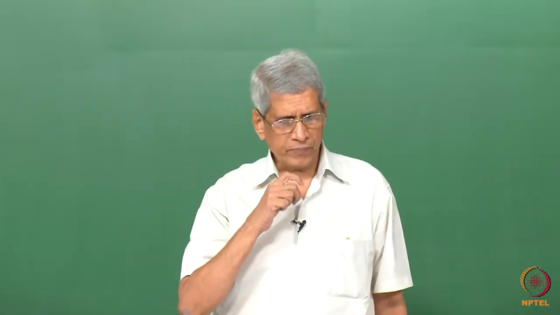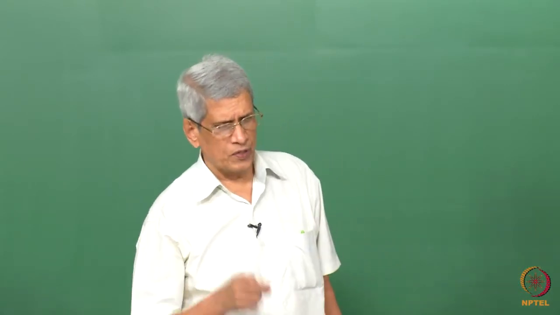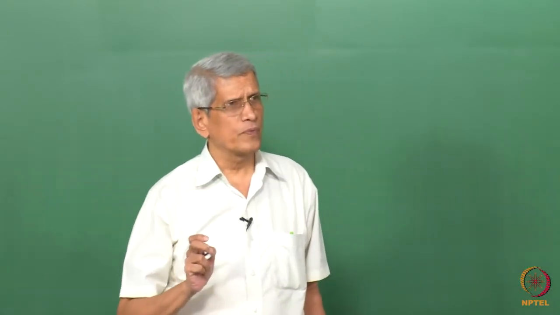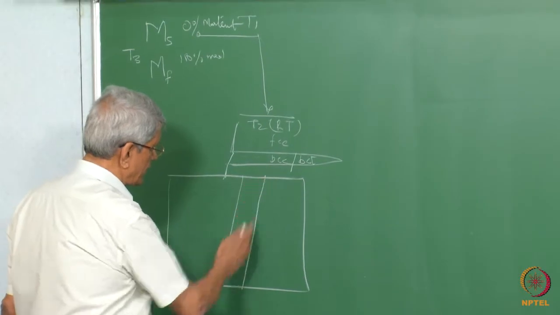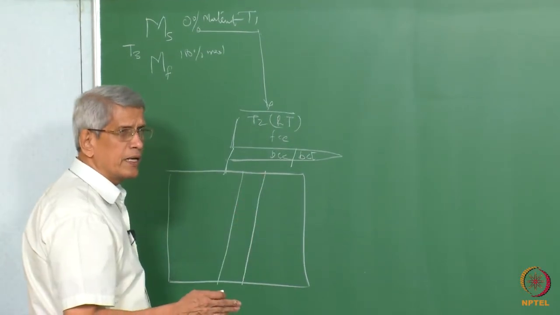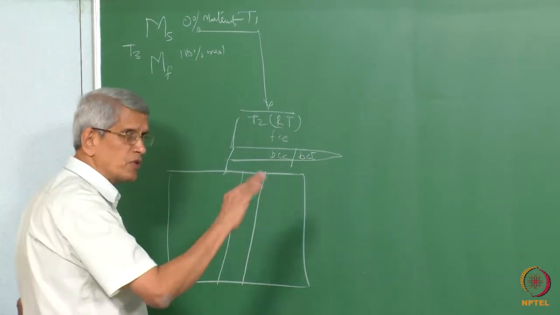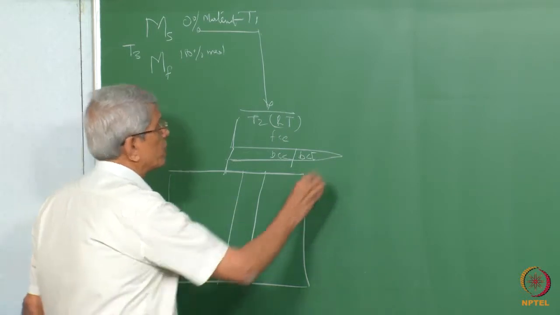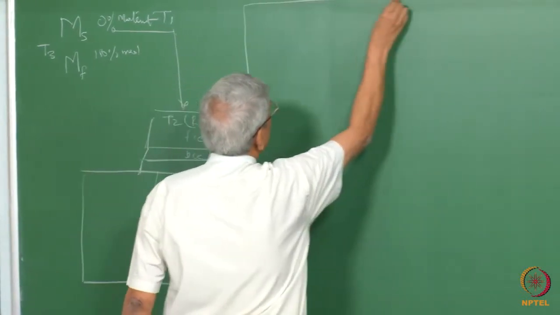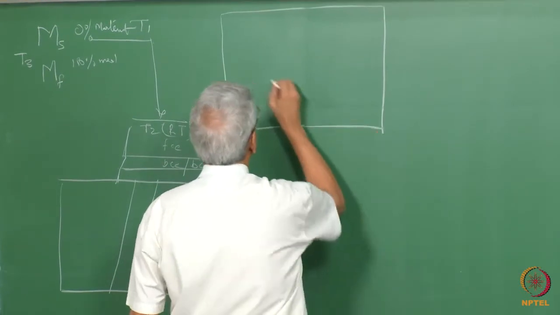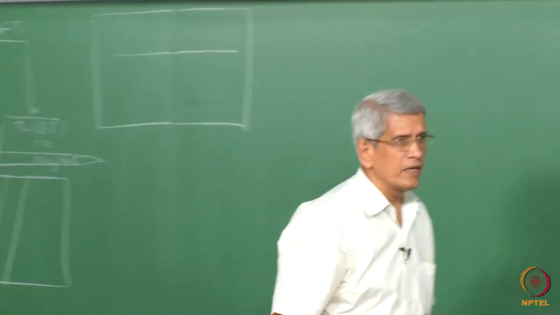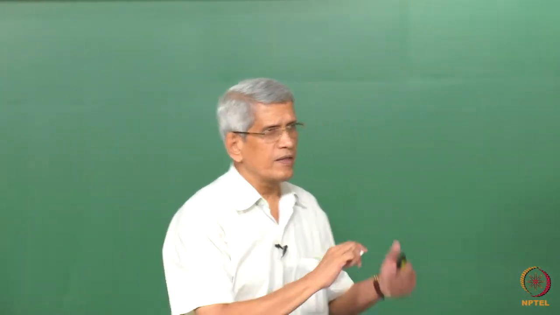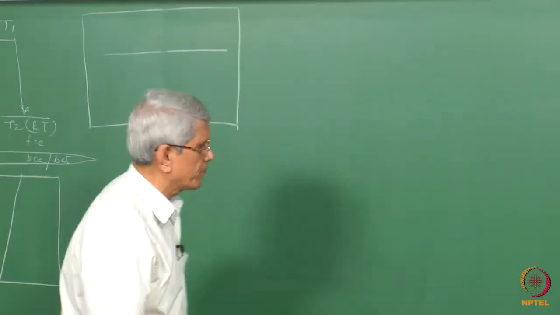Then another one we have to do is this. Suppose in this sample, before the transformation has started, this is a plane sample, and we can see a surface which is very sharp. Suppose before the transformation we have drawn a line like this, that is, a scratch has been made on the sample surface. Then the sample is allowed to undergo transformation.